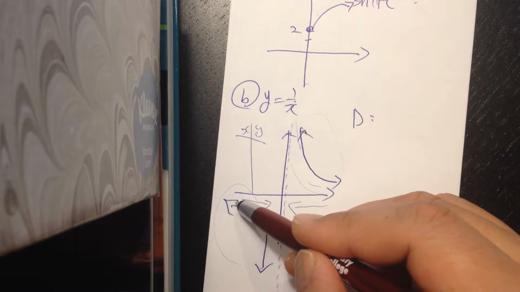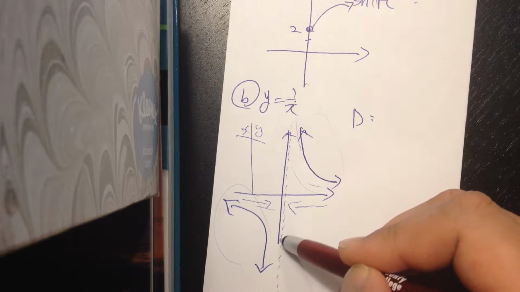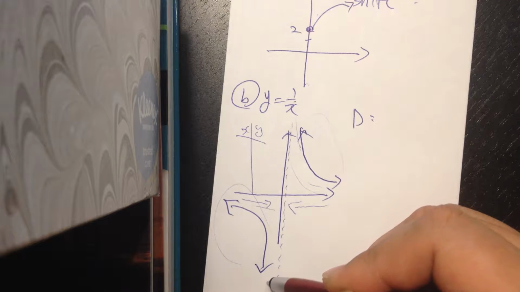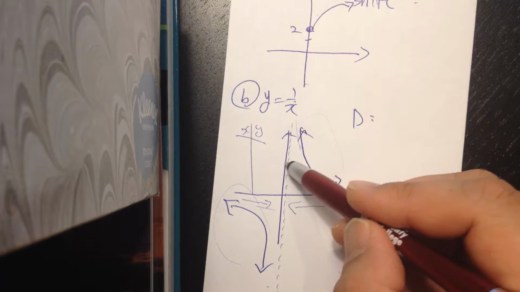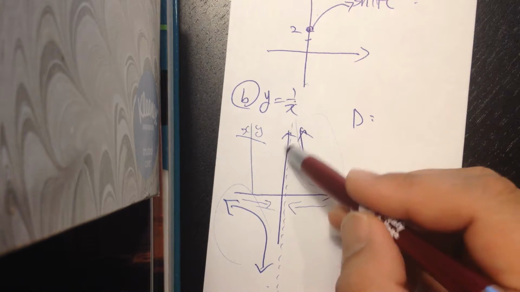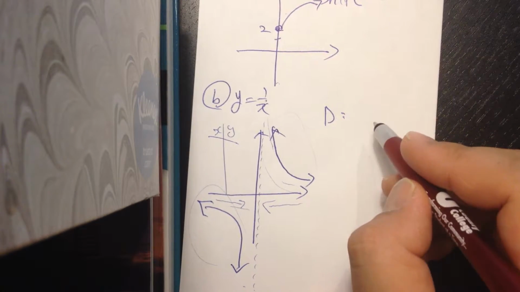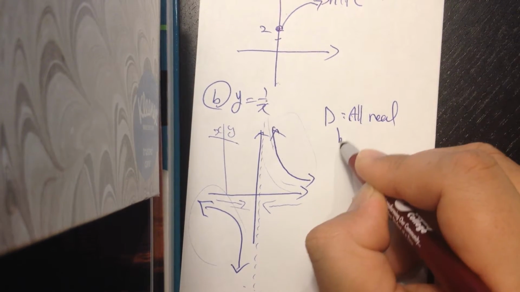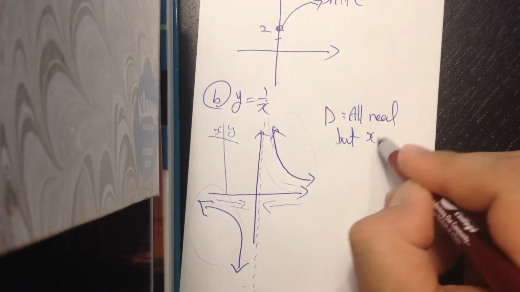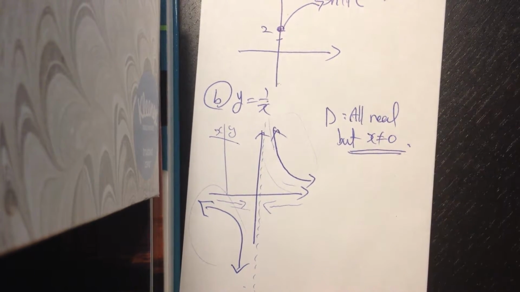As we approach from the left hand side, the y value is decreasing. But interestingly, it will never become 0 y value wise. So therefore, as far as the domain is concerned, you're going to say all real, but x cannot be equal to 0. Okay.